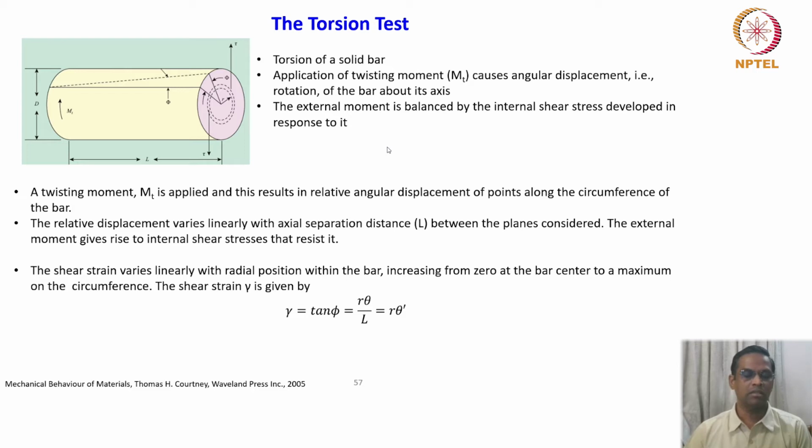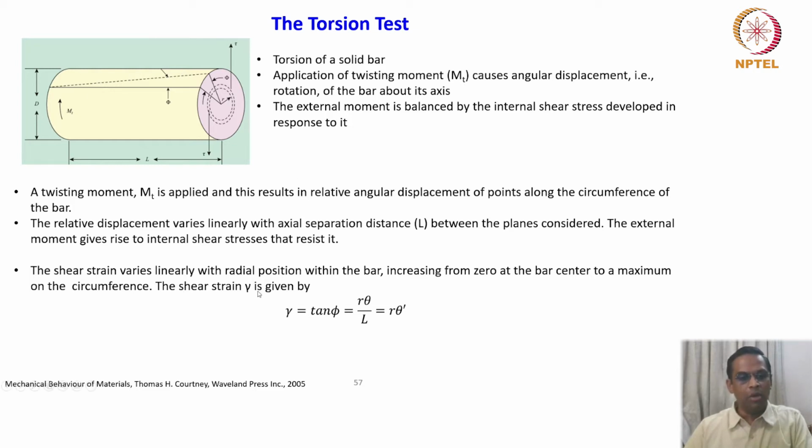So far we have looked at plastic strain, shear strain, everything, but nothing compared to this kind of a large strain. So we are looking at mechanical behavior involving large strain. That is something you have to remember.